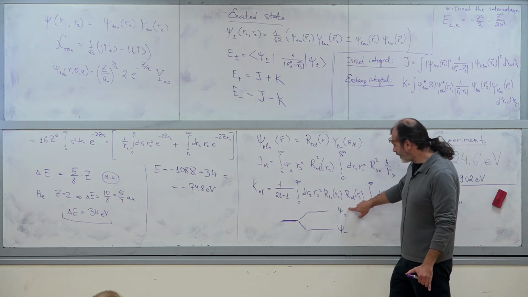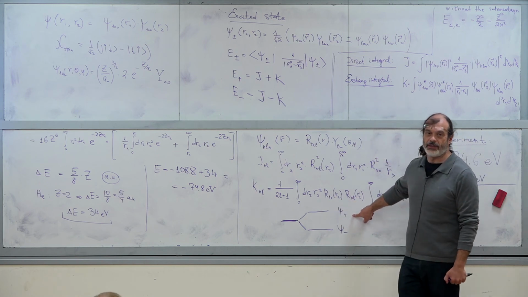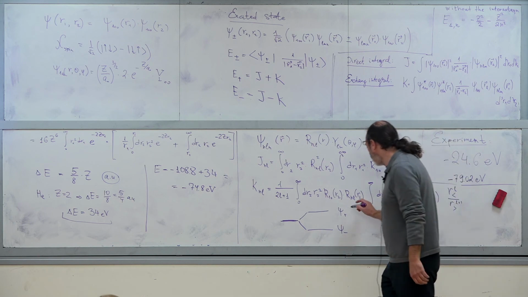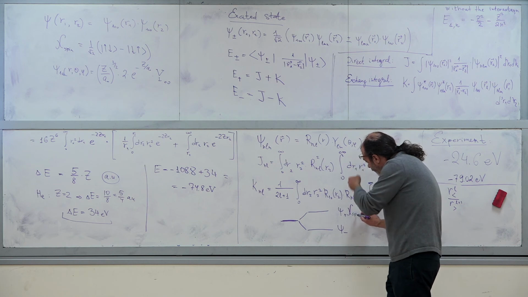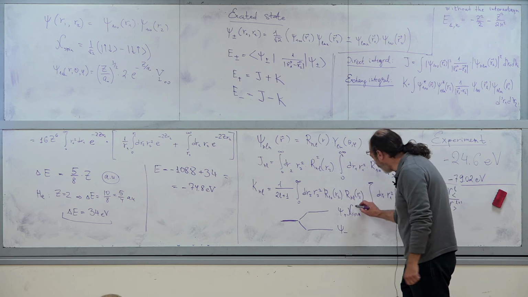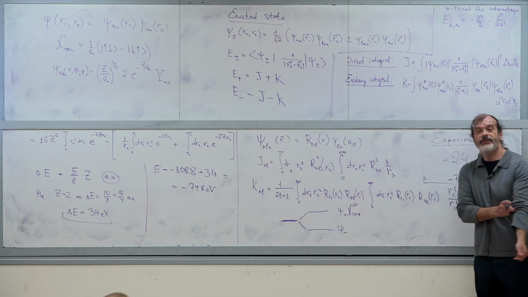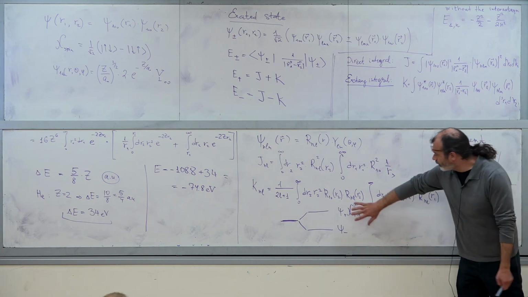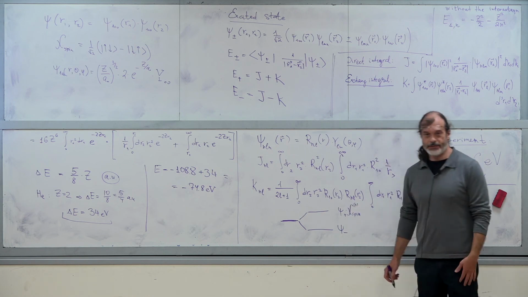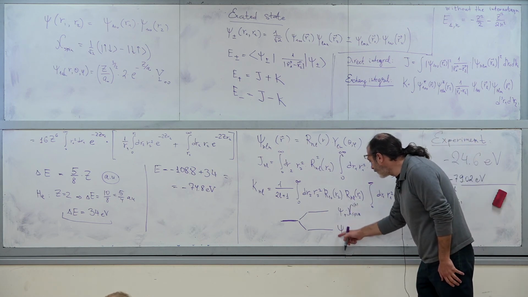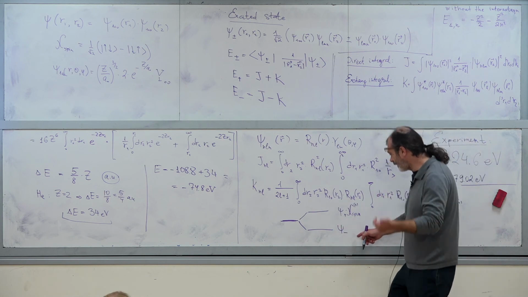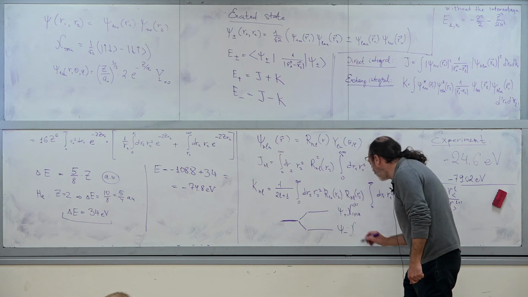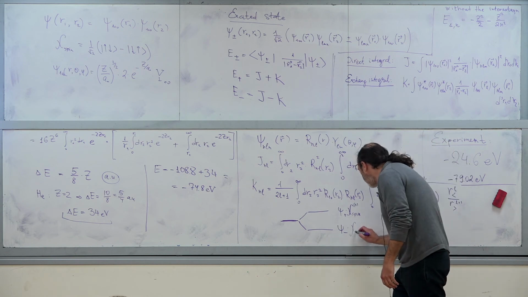So if we have a symmetric spatial wave function, it has to be complemented with a spin wave function which is antisymmetric, in order to keep the total wave function antisymmetric. If the spatial wave function is antisymmetric, I have to fill it with a spin wave function which is symmetric.